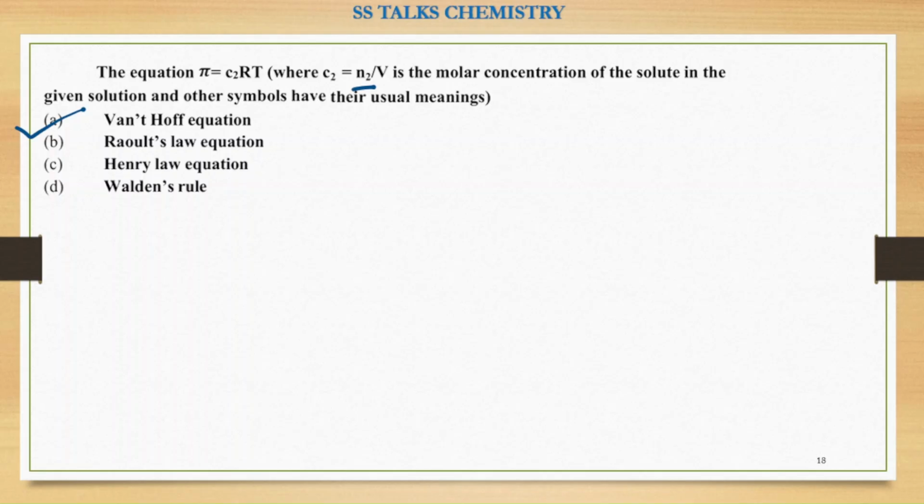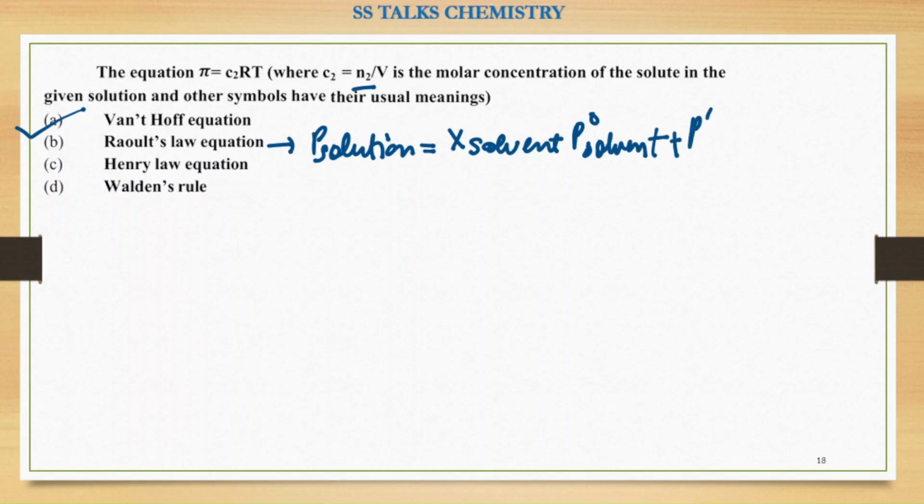Okay. The other equations, if you see, that is Raoult's law. This is related to the total pressure of the solution. The total that we have used is P naught of A into XA, that was given to us, this Raoult's law. That is the partial pressure, the mole fraction of the particular solvent into P naught of the solvent plus P naught of the solute into the mole fraction of the solute.